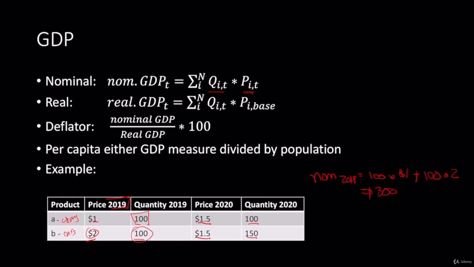You notice that GDP is just a dollar value. We're not talking in terms of oranges. We're talking in terms of dollars. Nominal GDP in 2020 is the same idea, Q times P plus Q times P. So we're going to get 100 times 1.5 plus 150 times 1.5. And I get 150 plus 225, 375.